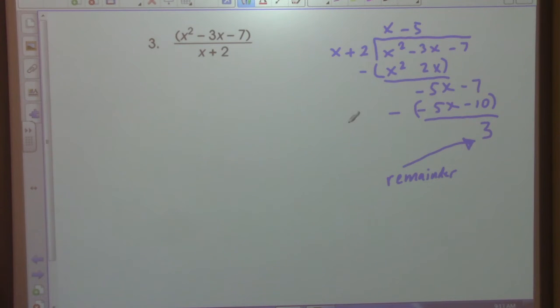So our quotient, in summary statement form, is going to be like this: x minus 5, then plus 3 over x plus 2. This is our answer.